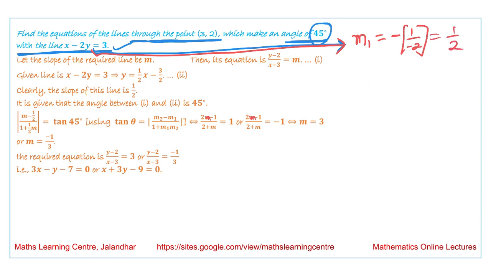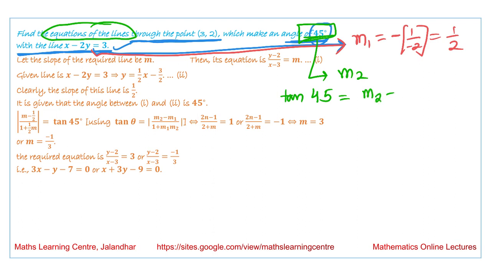Now let the slope of the required line, which makes an angle of 45 degree with it, be m2. Then it is given that tan 45 is equal to m2 minus 1 by 2 over 1 plus 1 by 2 into m2.